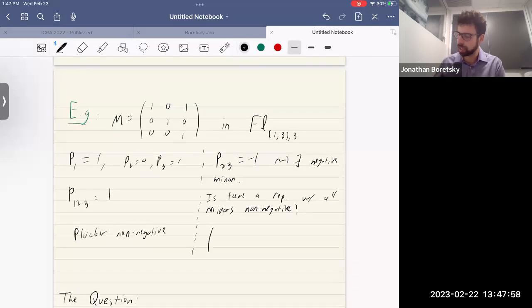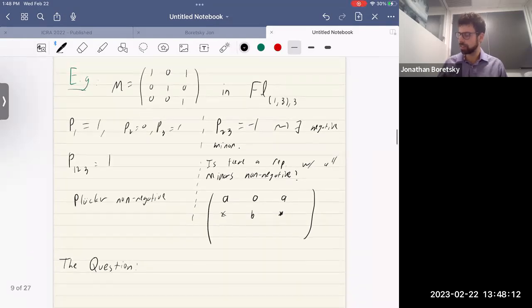Let me show you roughly why. If it's going to represent this flag, the first row has to look like A 0 A. And then I've got some stuff down here, maybe like this. The issue now is that P12 is equal to AB and P23 is equal to negative AB.